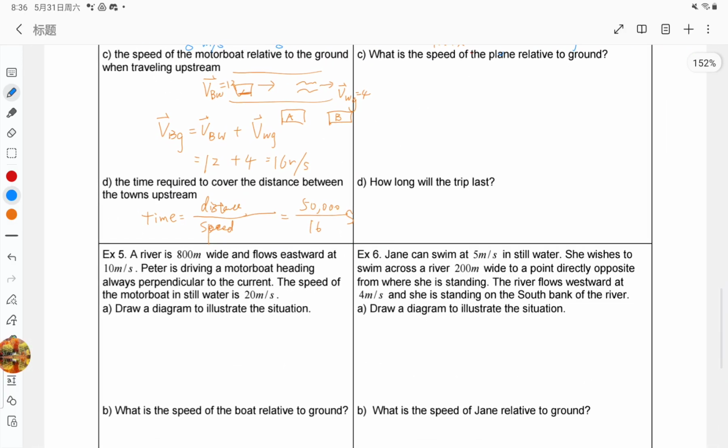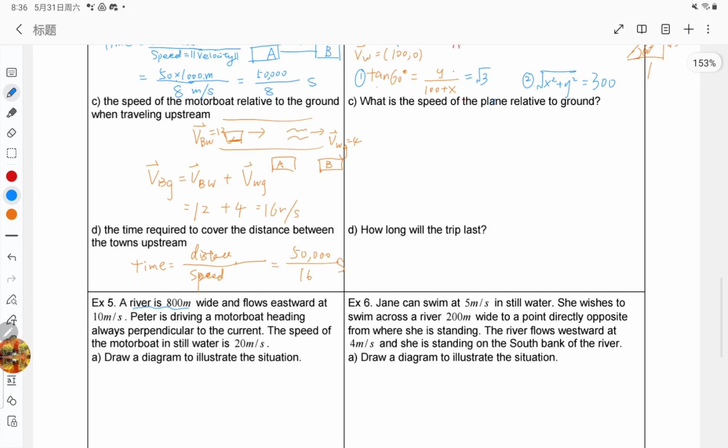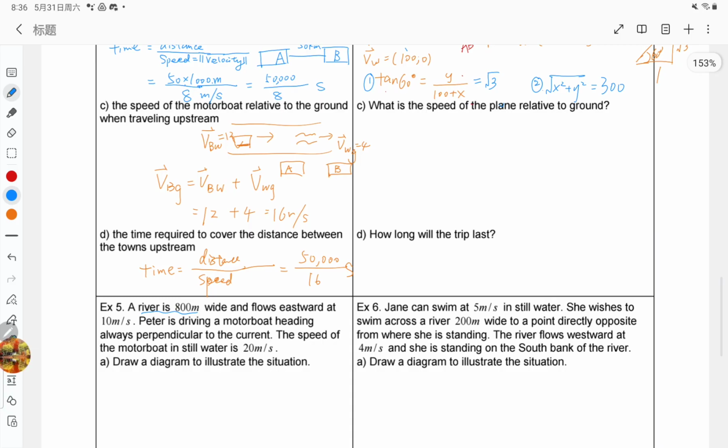Let's see. So this is again a river and water flows. The river is 800 meters wide and flows eastwards.